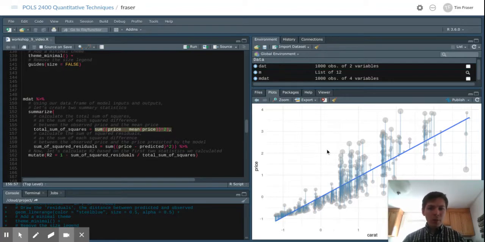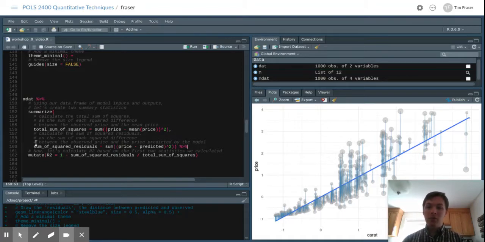So the total sum of squares is the total squared variation in the data. And the sum of squared residuals is like how bad our model is.